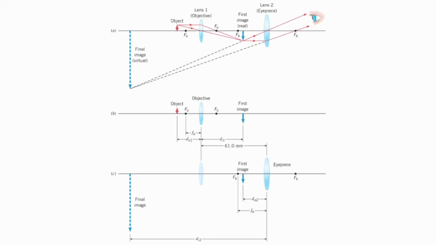When you do multiple optics, you can break the system up into single lens, single mirror problems. Whatever your image is for your objective lens, make that the object for your eyepiece. So you work the problem starting with the objective lens, working along the optical axis, and wherever you find the image for your objective, that becomes the object for the next lens in the chain.